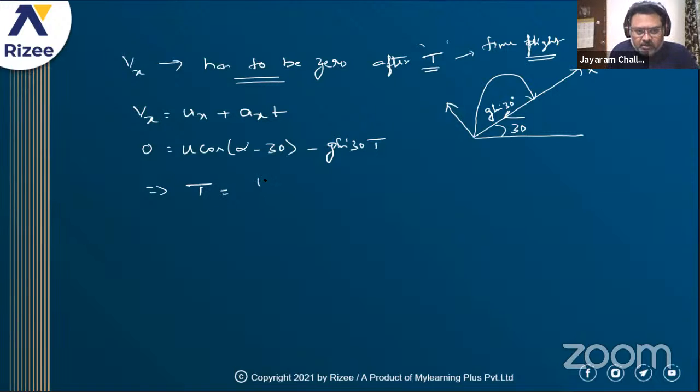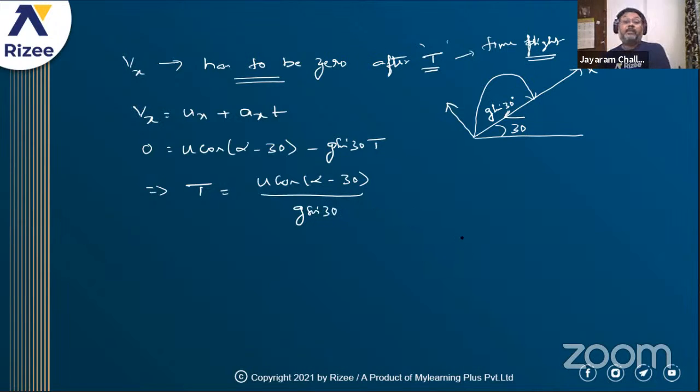From this relationship, we get the time of flight as u cos of alpha minus 30 degrees by g sine 30. So this is the time of flight from this relation.